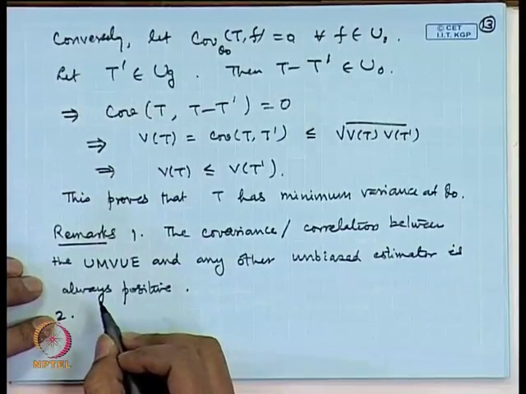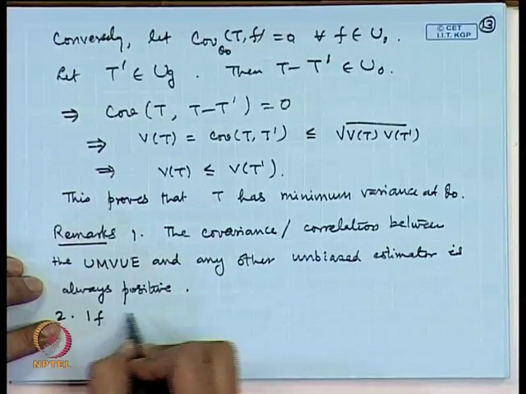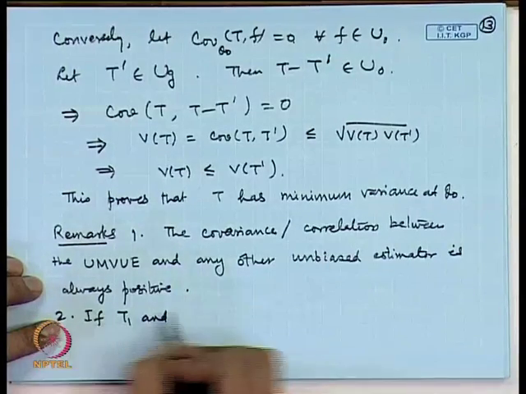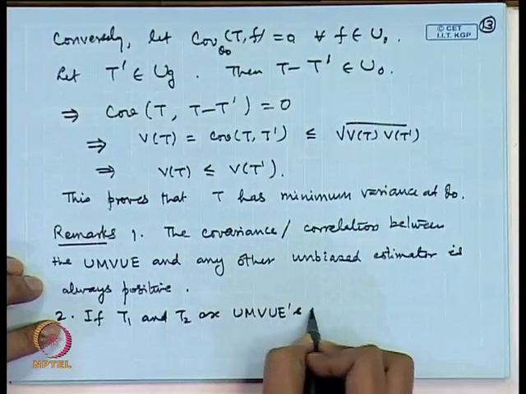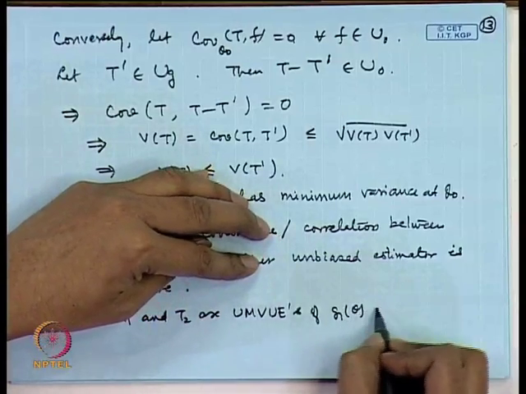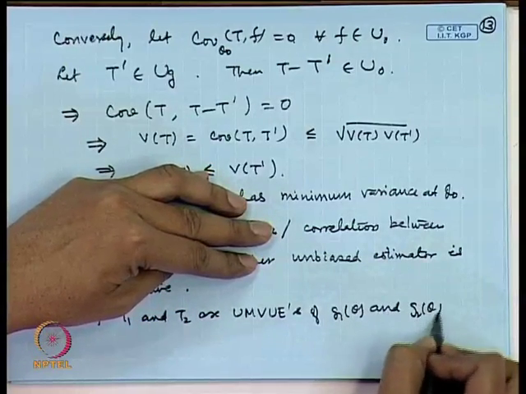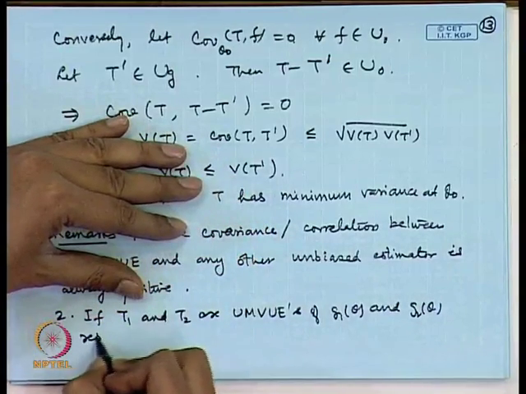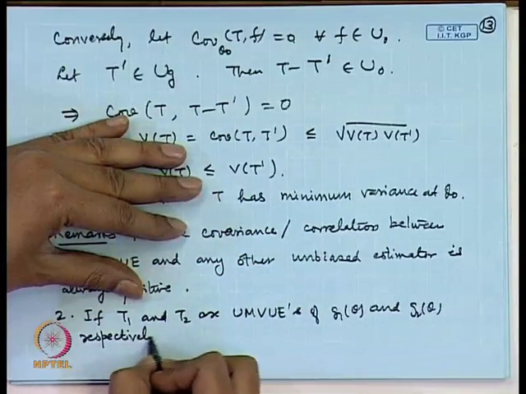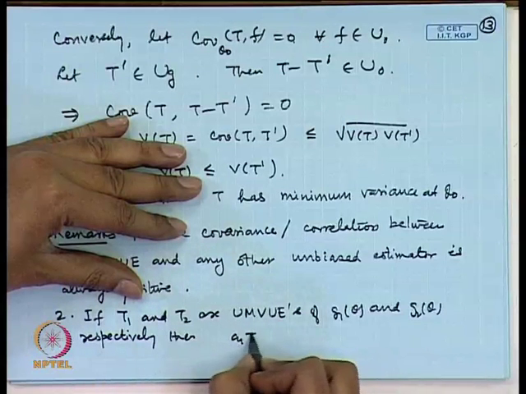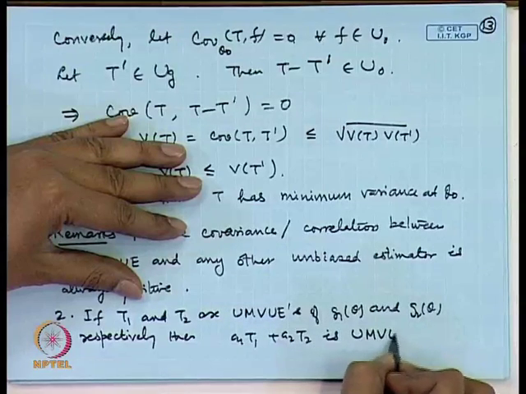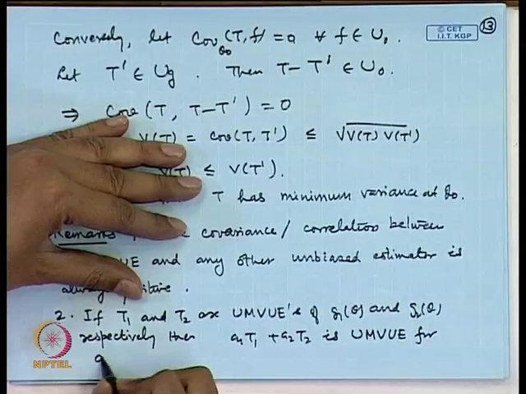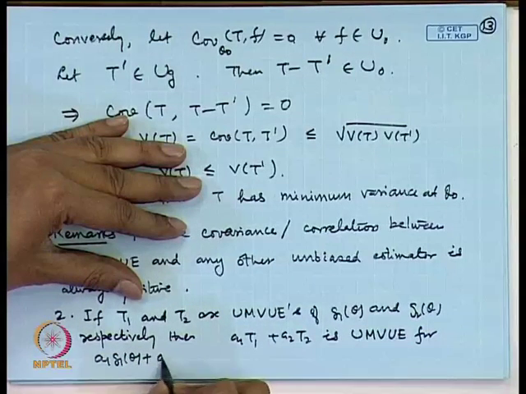Another interesting property about the UMVUE is that if T1 and T2 are UMVUEs of g1 theta and g2 theta respectively, then a1 T1 plus a2 T2 is UMVUE for a1 g1 theta plus a2 g2 theta.